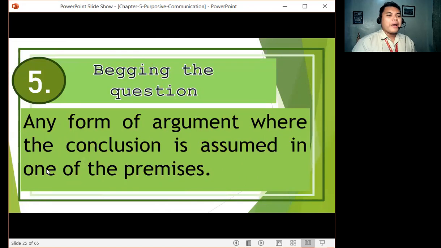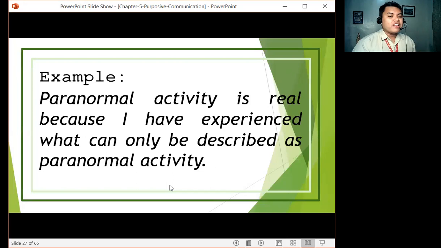Next, begging the question. Begging the question means any form of argument where the conclusion is assumed in one of the premises. Okay, so the example of it: paranormal activity is real because I have experienced what can only be described as paranormal activity. Okay, so this statement assumes that one argument has been proven, but it actually was not. So this is an example of begging the question.